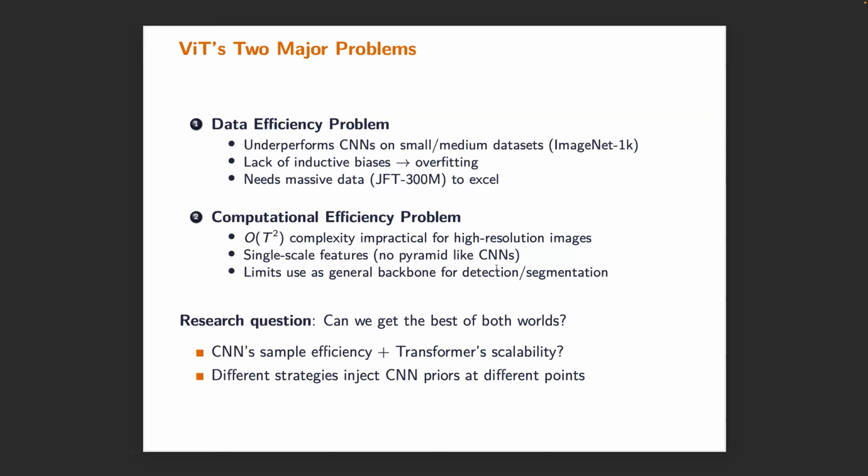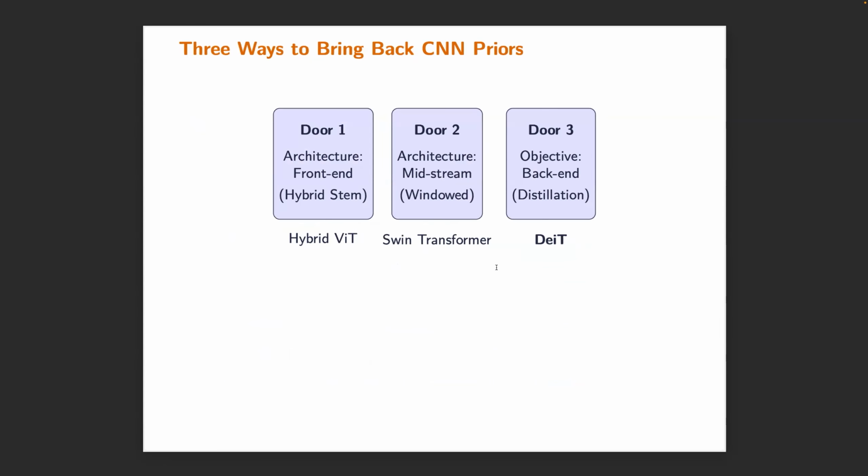So the idea is, well, maybe we can use some of the lessons that we learned from CNN training, and at the same time, use this transformer scalability. In other words, can we inject some of these CNN priors at different points of these vision transformers? Well, I try to categorize them in three different categories.